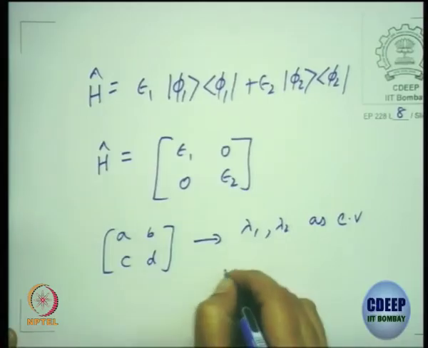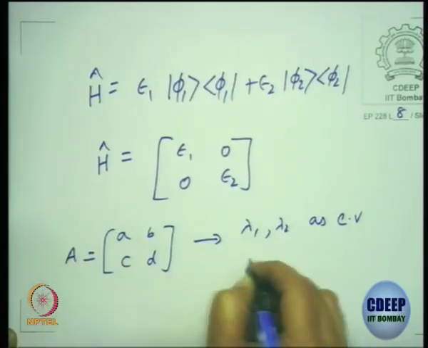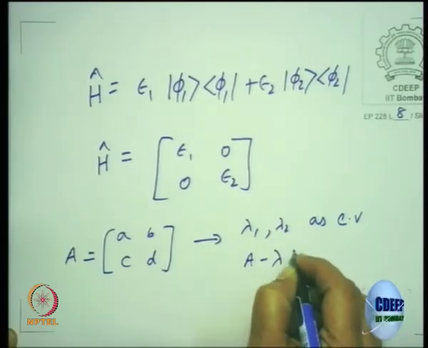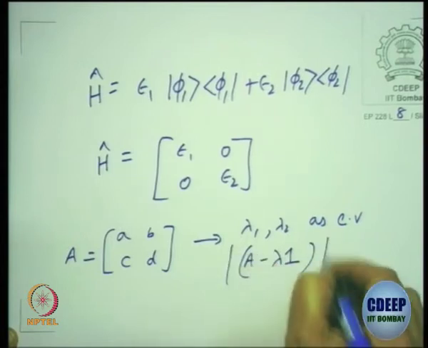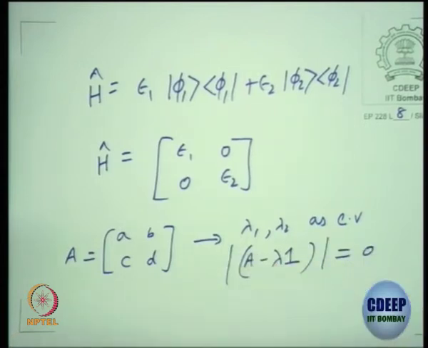This matrix is A minus lambda I, and the determinant of that has to be 0. Then you solve this and you find the 2 eigenvalues. And once you know the eigenvalues, you know how to find the eigenvectors.